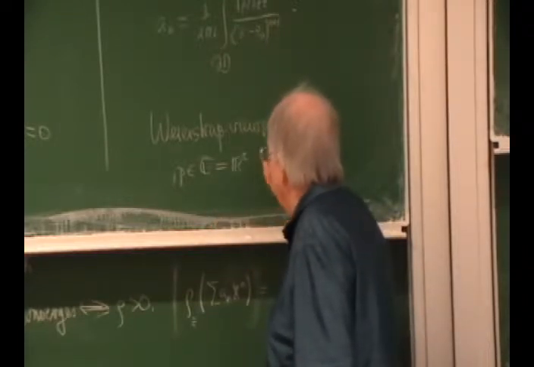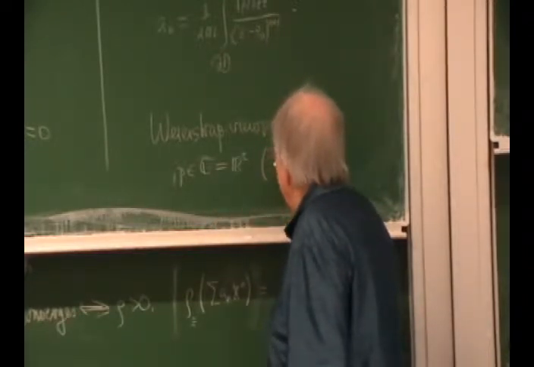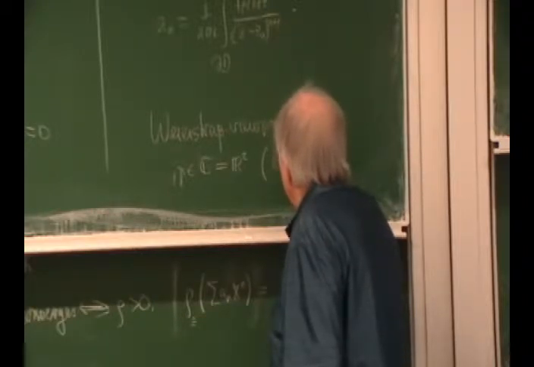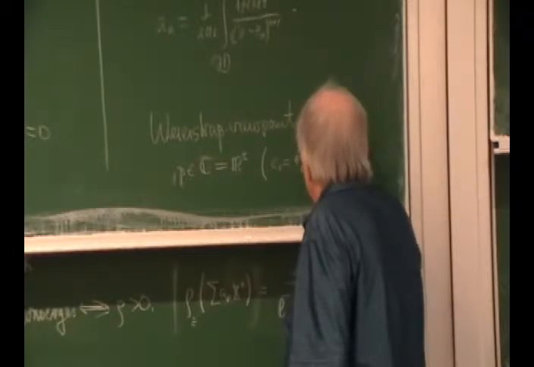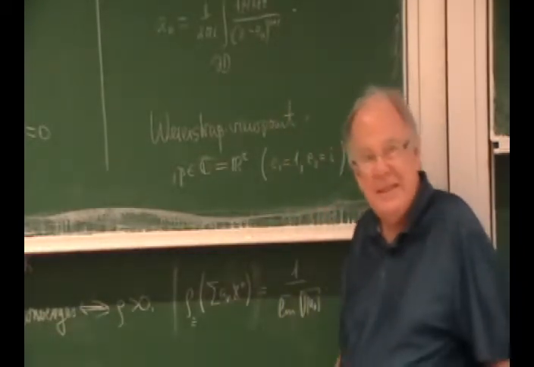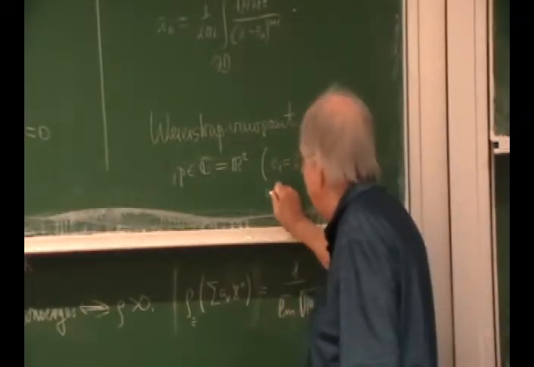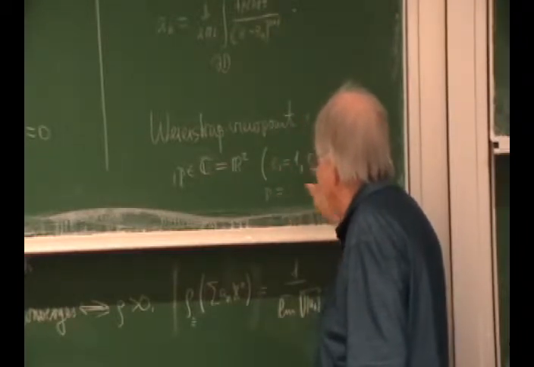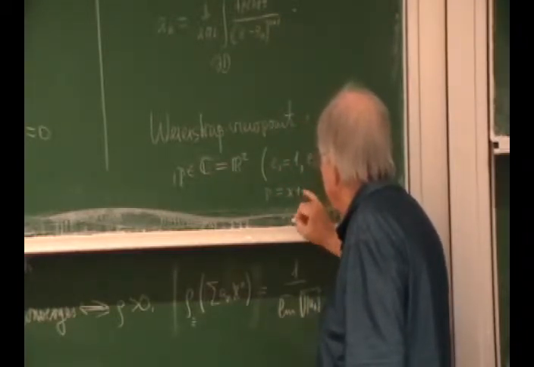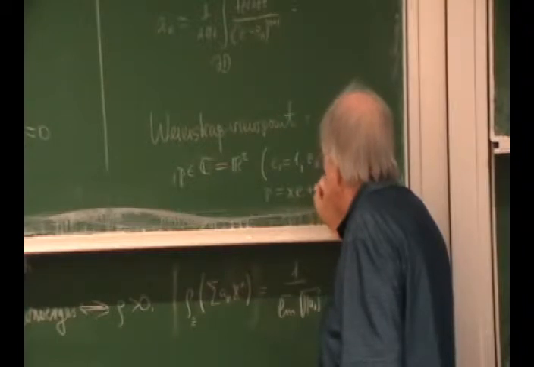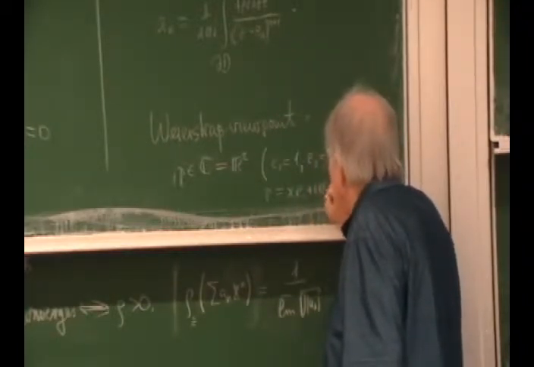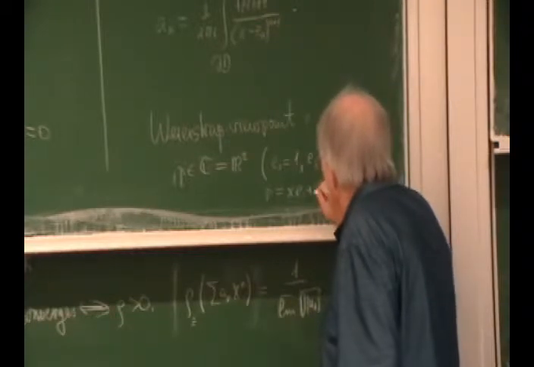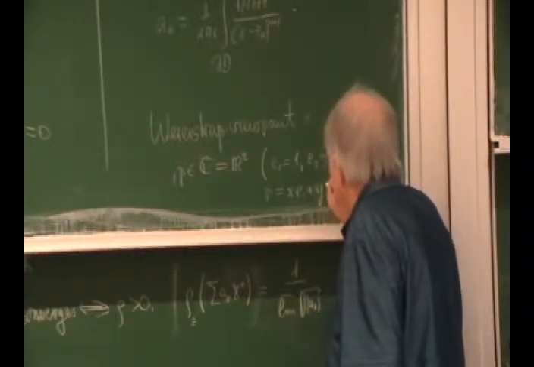Every point in R2 has an expression, as a vector space, with respect to this basis. And that means that P can be expressed exactly with respect to this basis as x times E1 plus y times E2.